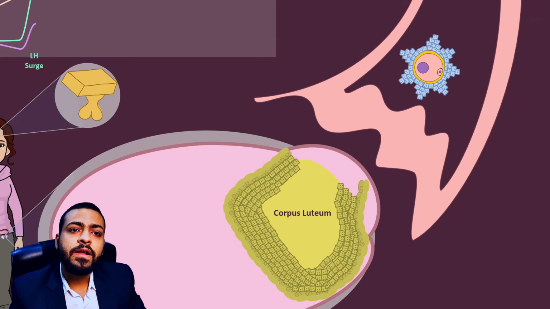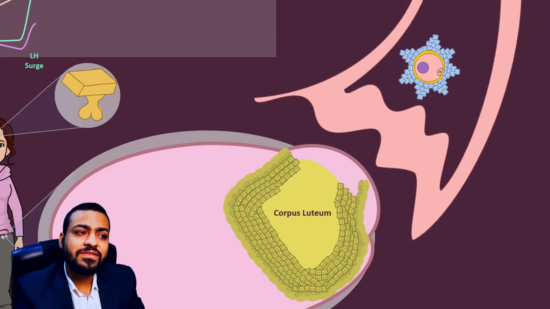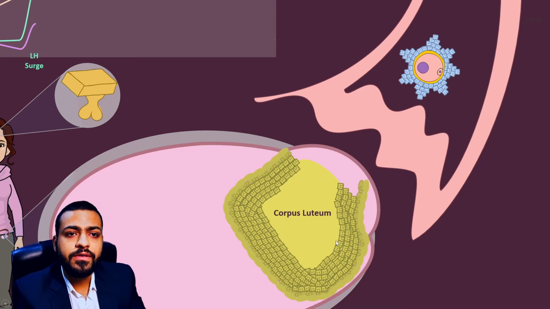Along with that, these cells will accumulate lots of fat, because estrogen and progesterone are steroid hormones, synthesized from fat, from cholesterol. And they will acquire a yellowish color, probably due to this fat content.